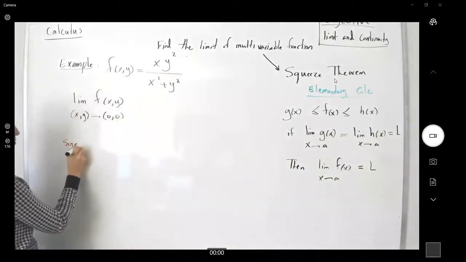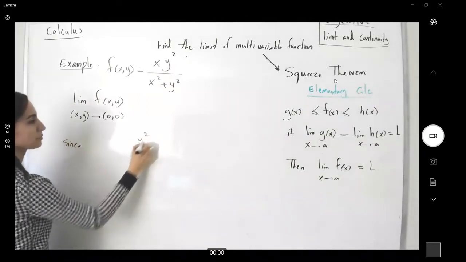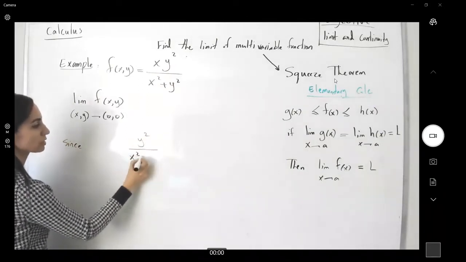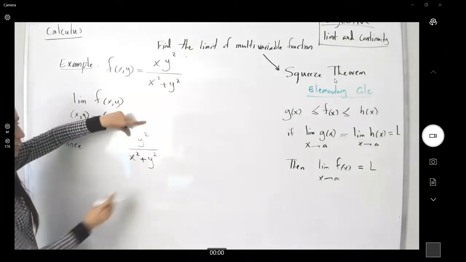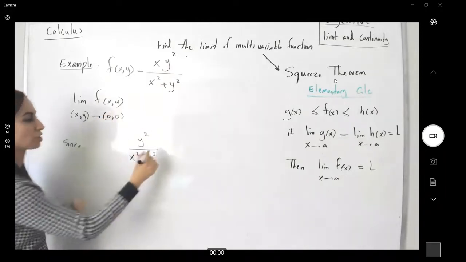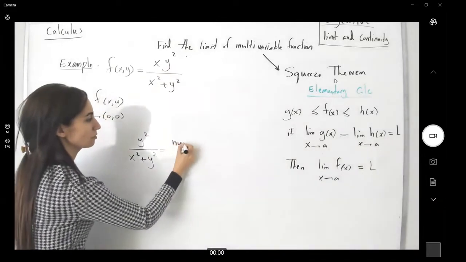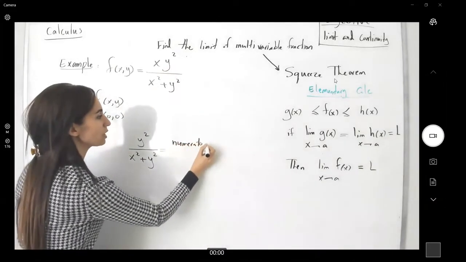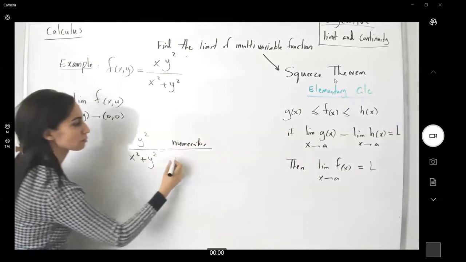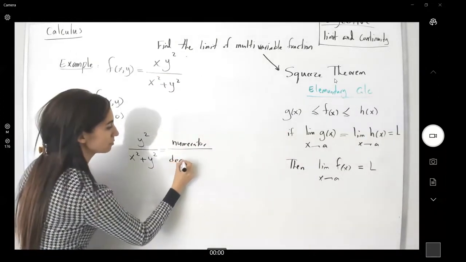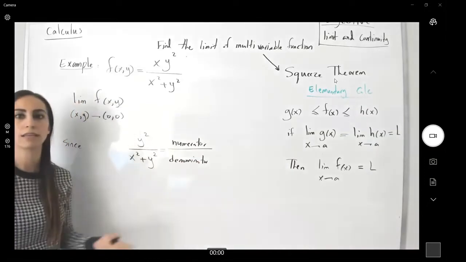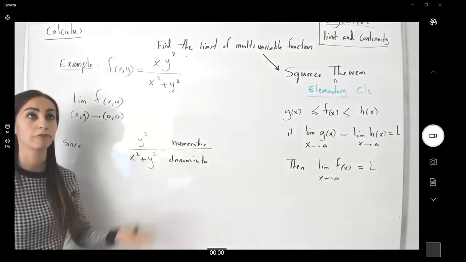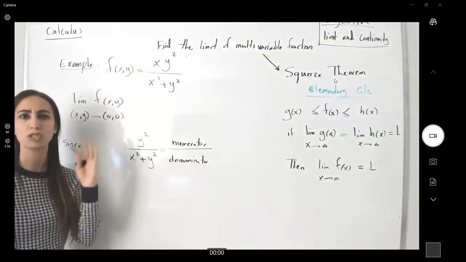The numerator is smaller than the denominator, like a half, a third, 5 over 9, just some numbers.